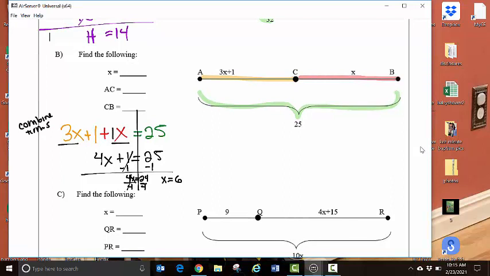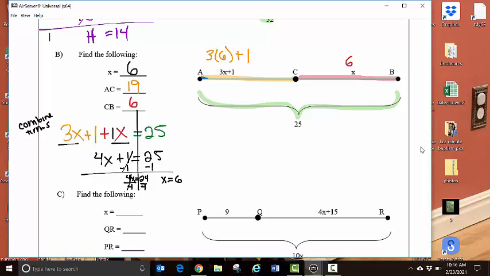How would I then figure out the rest of it? We're going to use my substitution property and plug it in. We know that AC is 3 times x. Well, 3 times 6 is 18, plus 1 is 19. And we know CB is just x, so CB is 6.